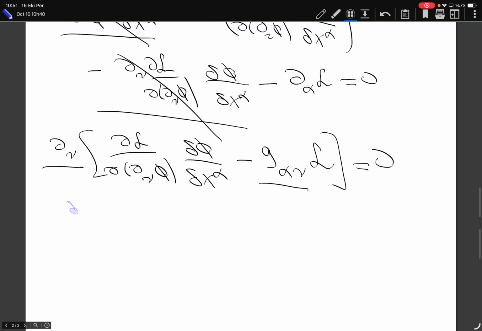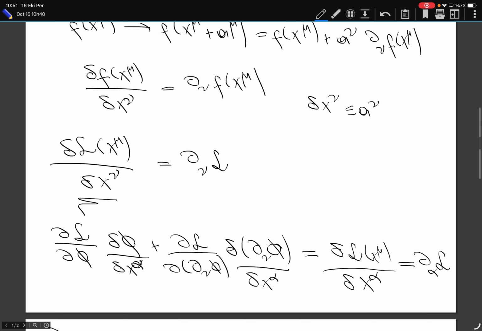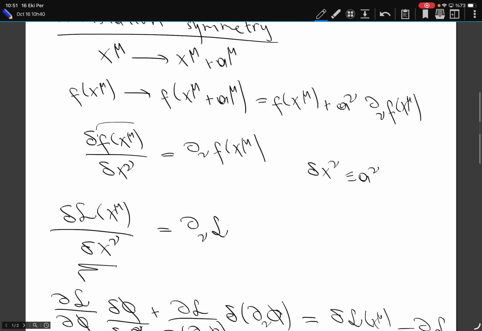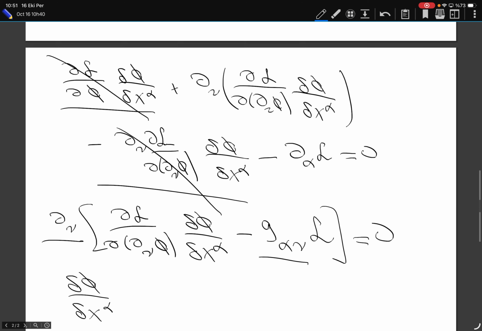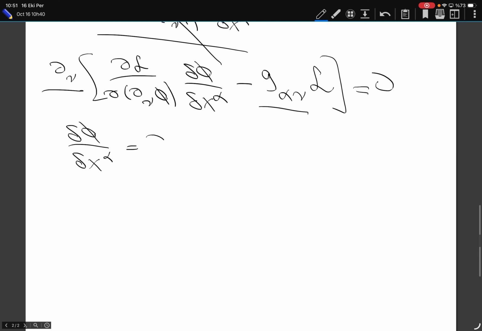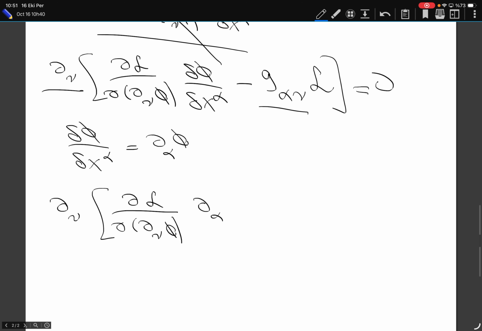And what is del phi by del X alpha? Well, just go back here. Phi is just some function that depends on the coordinates. That is the derivative of the phi field with respect to X alpha. So we have del nu of the derivative with respect to the derivative of the field times the derivative of the field with a different index, minus G alpha nu L. This should be equal to 0.